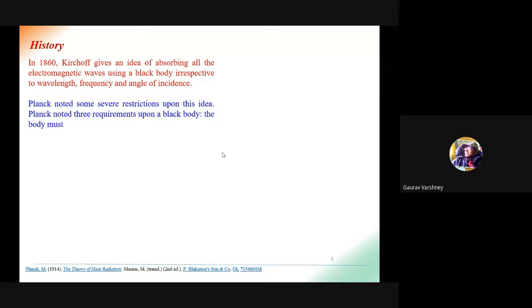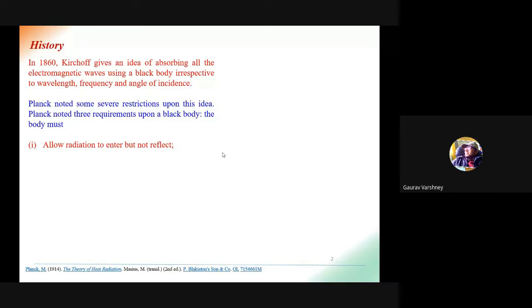But after certain years, Planck modified this concept of black body absorption, and some modifications were incorporated by Planck. The modification was that the black body must allow the radiation to enter but not reflect.